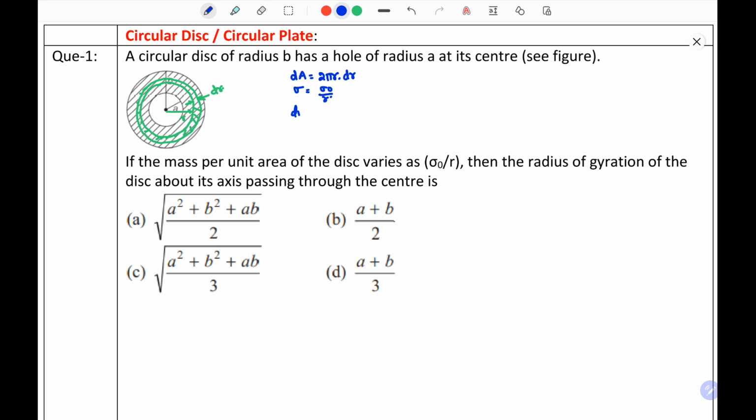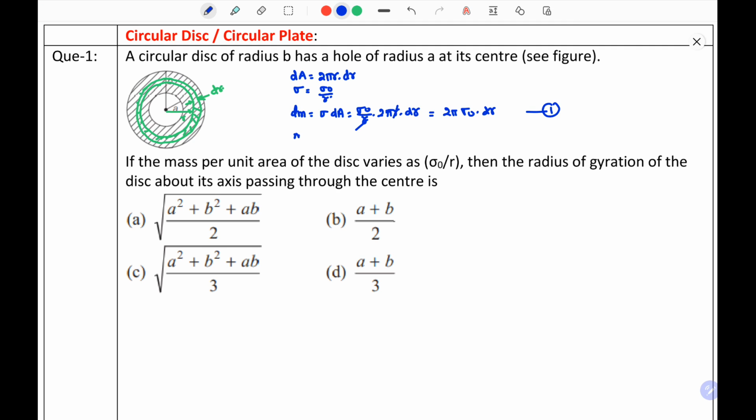Therefore elementary mass of the ring is sigma into dA, that is equal to sigma naught by r into 2 pi r dr. r and r get cancelled, so it is equal to 2 pi sigma naught dr. This is our equation number 1.